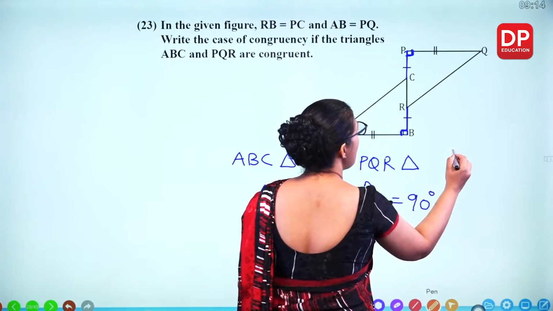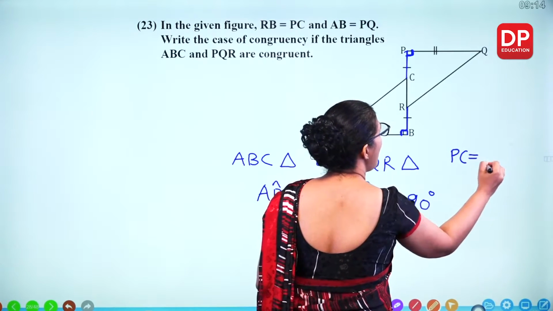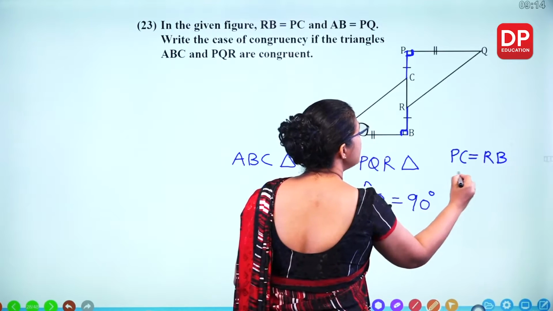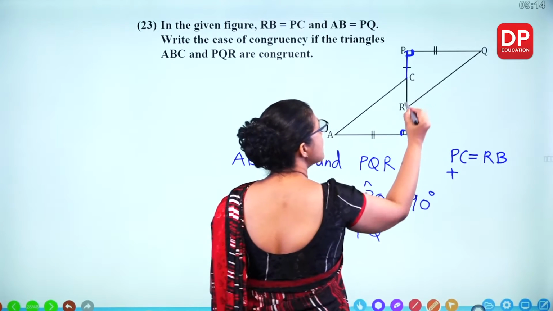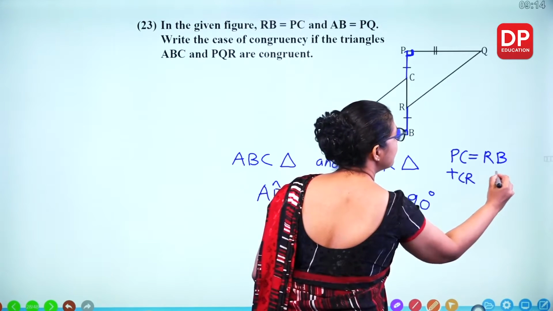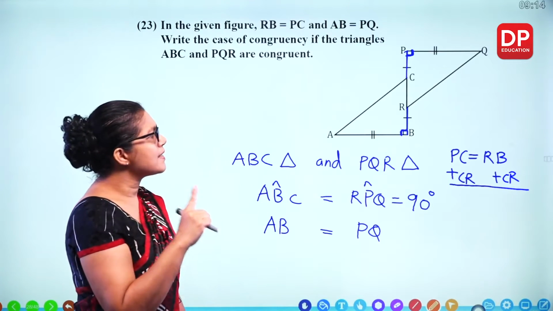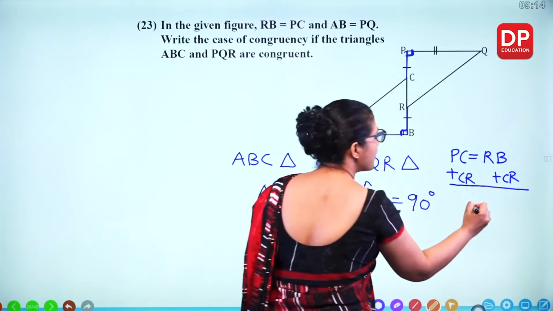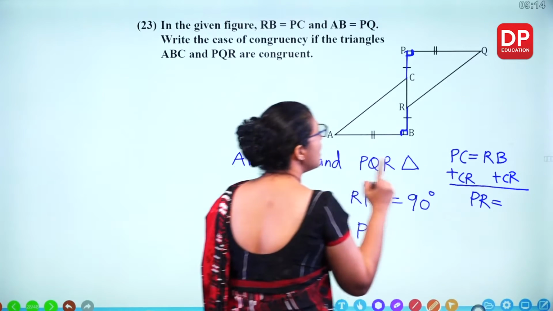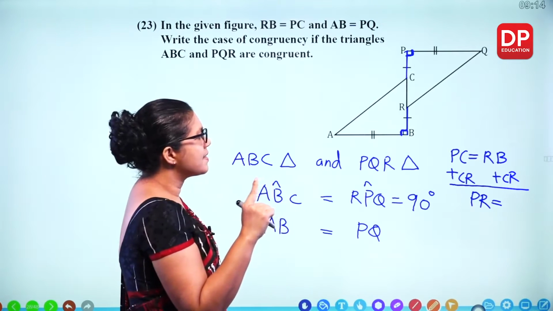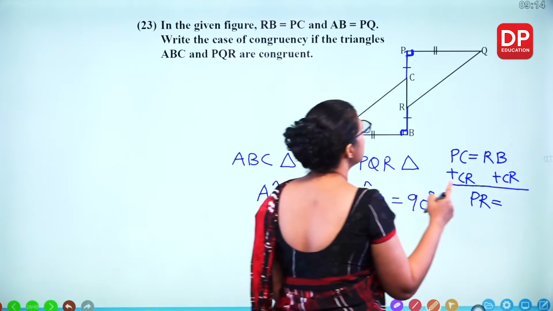I'll do it here. PC is equal to RB. I'm adding CR to both sides. So what happens? PC plus CR becomes PR. RB plus RC becomes BC.